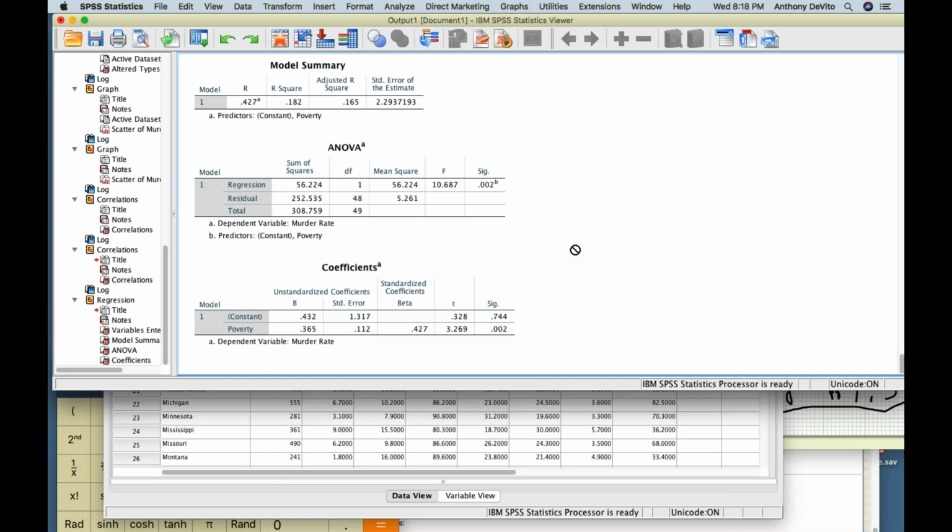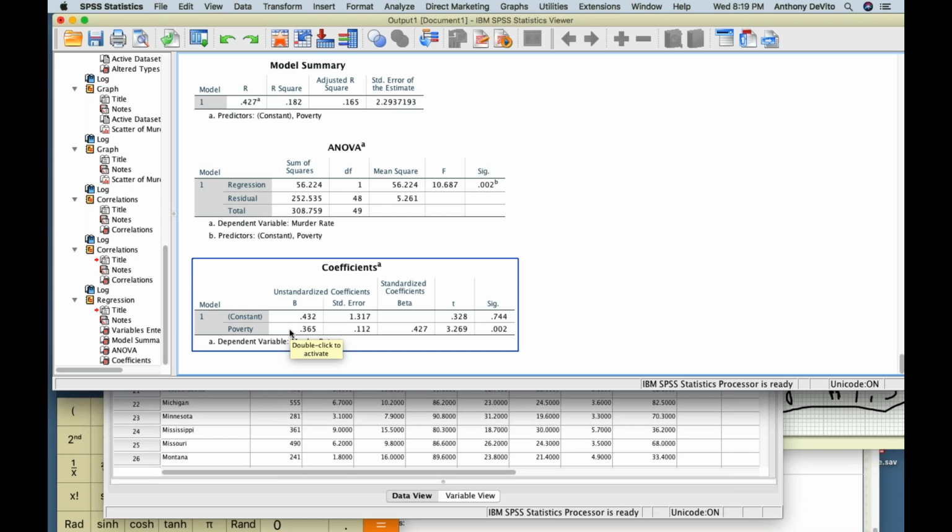Because that will help you understand the response to interventions, to spending money to intervene in poverty rate, and programs to reduce poverty rates, and how that might impact, among other things, the murder rate and violent crime rate. It'll help you understand which of these things you could intervene in would have the most impact. That's why regression is so valuable.